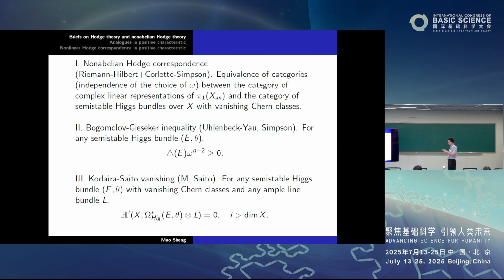But one special, very important case is Donaldson-Uhlenbeck-Yau in the case of unitary connection. So this states that you have an equivalence of categories between the category of complex linear representations of the topological fundamental group of your manifold and the category of semi-stable Higgs bundles of your space with vanishing rational Chern classes.